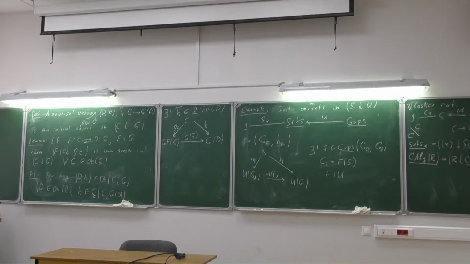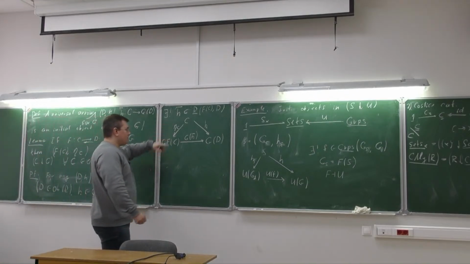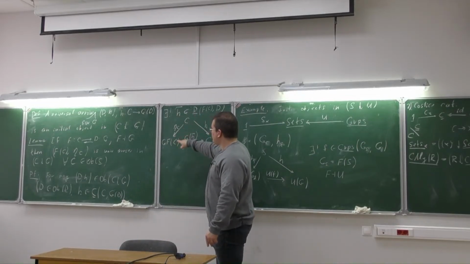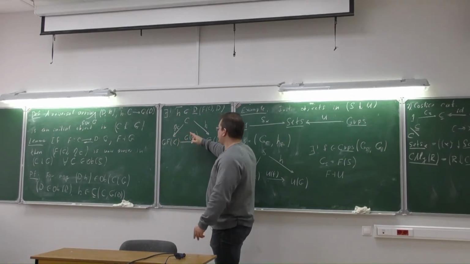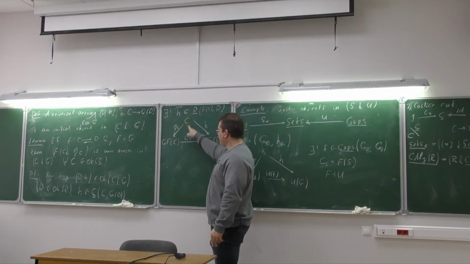So we know that the square is commutative by what we know about the naturality of the map phi. But from the point of view of these universal arrows, what it means that this triangle is commutative is this. Here, we start with any object, essentially this diagram, C, H that maps to G of D. So that's an object in the comma category.